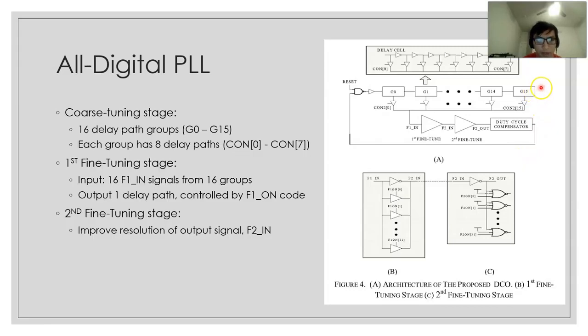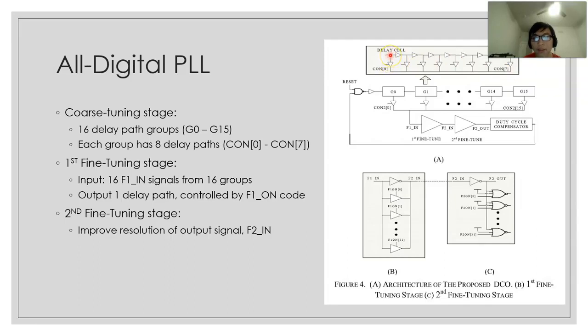First of all, there's a coarse tuning stage, including this array up here. There are 16 different delay path groups in this design, named from G0 to G15, and each group here will have 8 different delay paths.